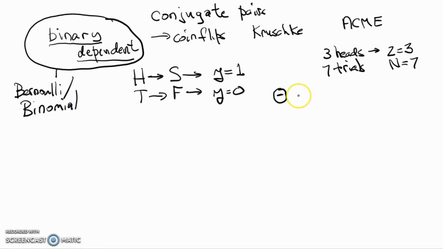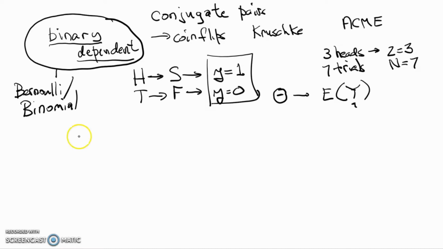So that's what theta is, and we can think of theta as being the expected value of the random variable capital Y, where this random variable can only have these 2 possible outcomes.